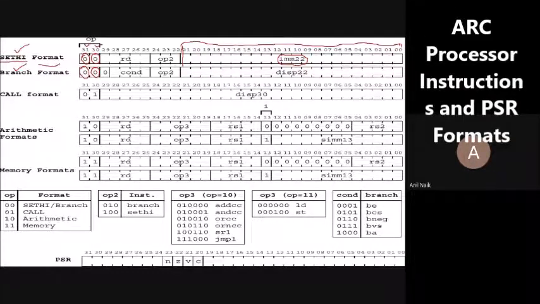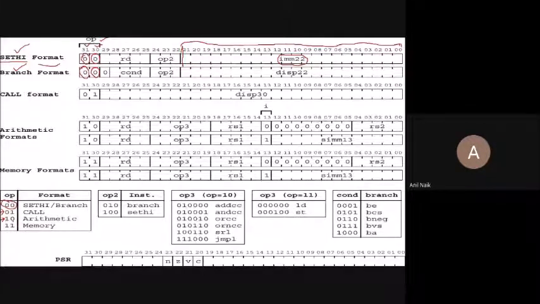Here you can see the format: OP, the operation or opcode. If it is 0 0, then it is a set high or branch related instruction. If it is 0 1, then it is a call instruction. If it is 1 0, it is an arithmetic type of instruction. If it is 1 1, it is a memory type of instruction.